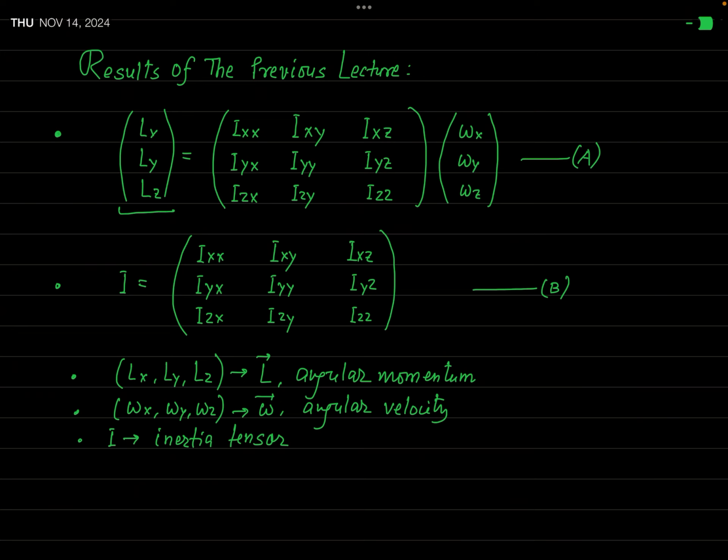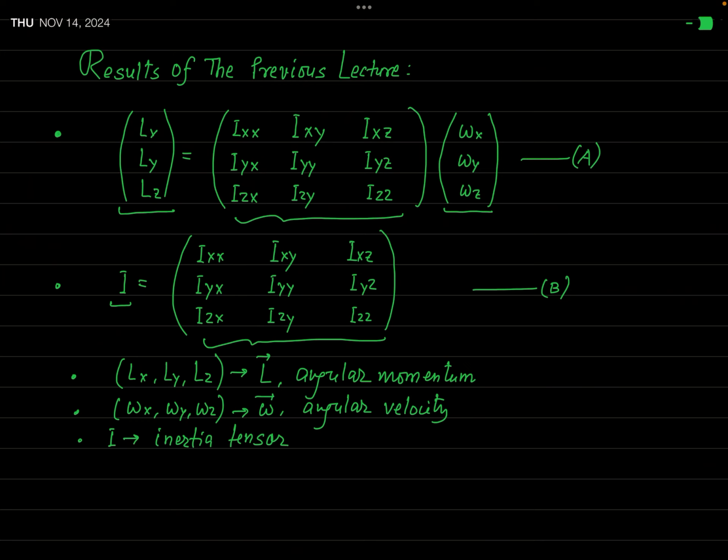And that is given by this 3 by 3 matrix, which is the inertia tensor, operating on the column matrix omega x, omega y, omega z, which represents the angular velocity vector of the body. This was our final result, and this 3 by 3 matrix was denoted by the symbol I, and this I is called the inertia tensor.